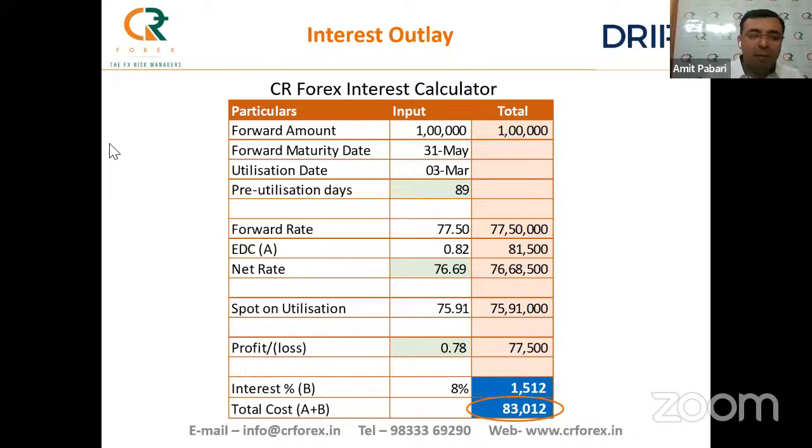Industry standard hai. Some banks are taking 12% also. We cannot do anything on that. So 8 to 9% general rate hai. So the interest cost comes to 1,500. So total cost they have to charge is 83,000 close to. This calculator we have. If anyone wants, they can take it from our team.